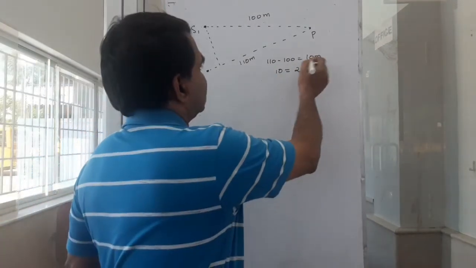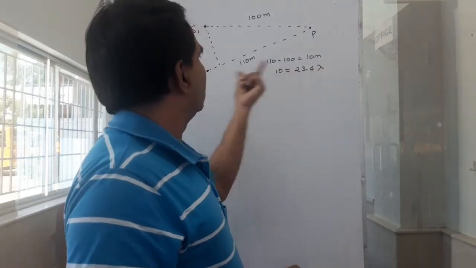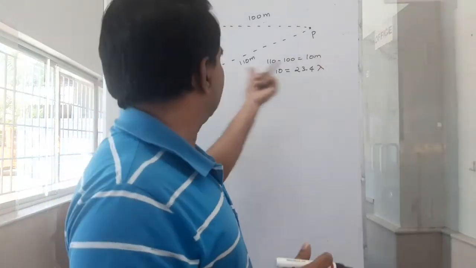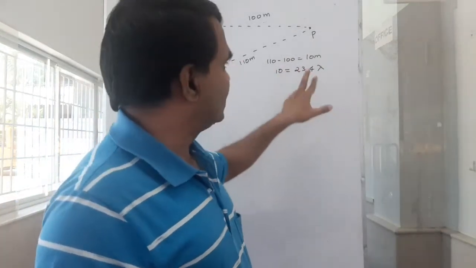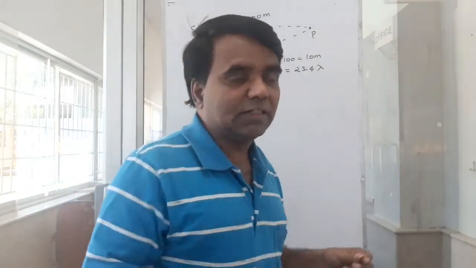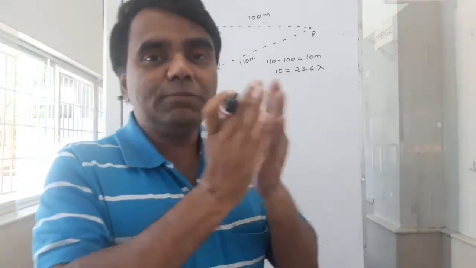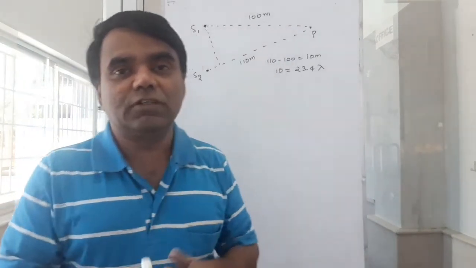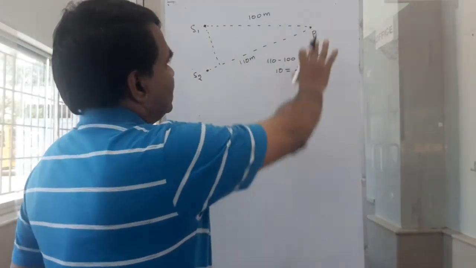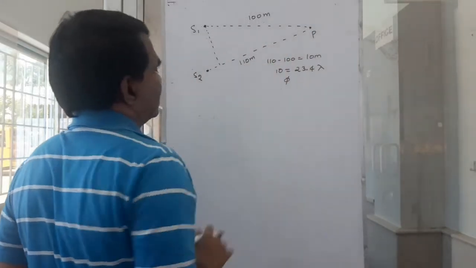This 10 meters path difference can be converted into a number of wavelengths, and if you get a number of wavelengths, you ignore the whole number and just take the fraction, and then see what the phase is for that fraction. So this is how you find the phase angle between this and that.